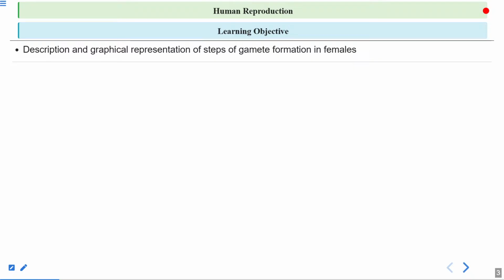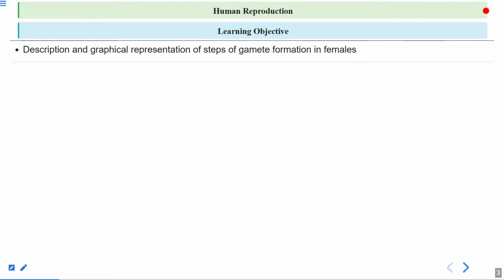So what is the objective of today's lecture? What will we study in today's lecture? We'll talk about gamete production in females, or gamete formation in females, which is known as oogenesis. Today we will use a graphical representation to understand the steps involved in oogenesis.